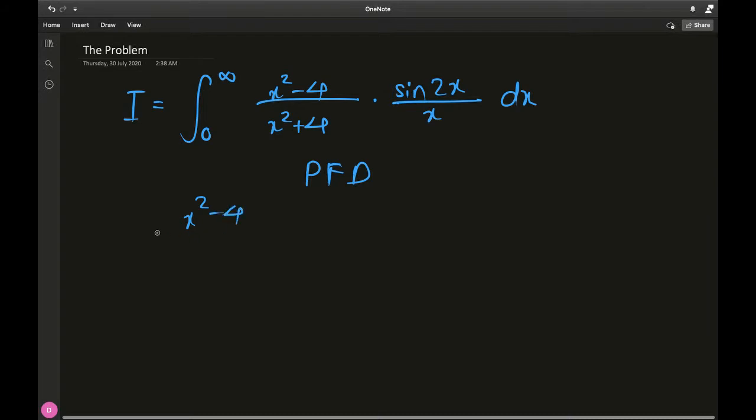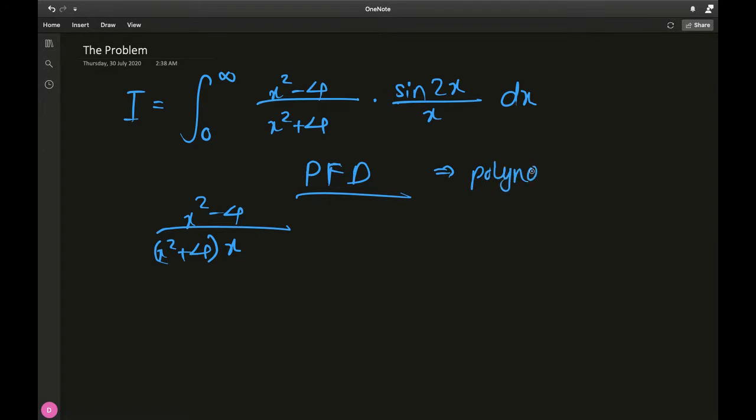So look at the fraction x squared minus 4 over (x squared plus 4) times x. For partial fraction decomposition we only look at the polynomial terms, so just ignore sine 2x, take everything else. We'll put the sine 2x on top of all the partial fractions. So this can be expressed as (ax plus b) divided by (x squared plus 4) plus c divided by x.